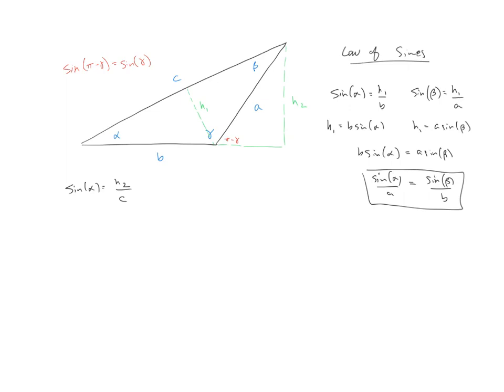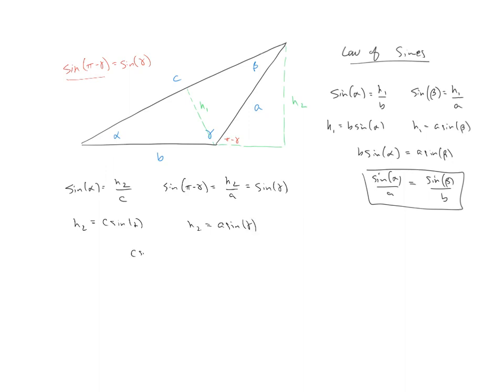So again, I described it geometrically. I would encourage you to draw a picture and convince yourself of that in quadrants 1 and 2. And you could also, of course, use your sine of a difference identity to confirm that, but I don't know that we need to go that far. So what I'll say now is that sine of pi minus gamma is going to be h2 over a, which we just said was sine of gamma. So solving both of these for h2, h sub 2 equals c sine alpha, h sub 2 equals a sine gamma.